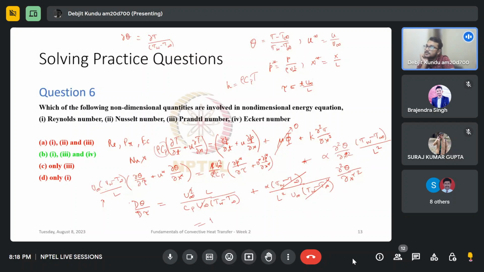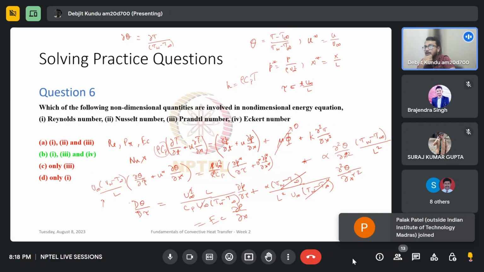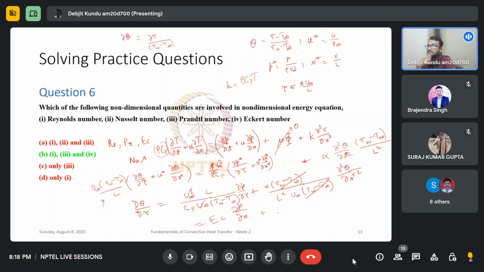So this comes out to be the Eckert number into dou p dou tau, and this thing we can simplify as 1 over Reynolds number into Prandtl number into the double derivative of the non-dimensional temperature.